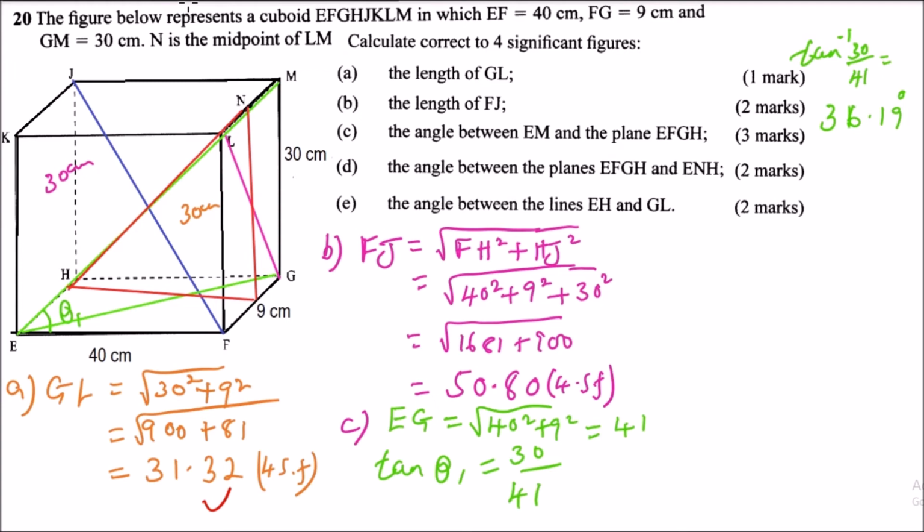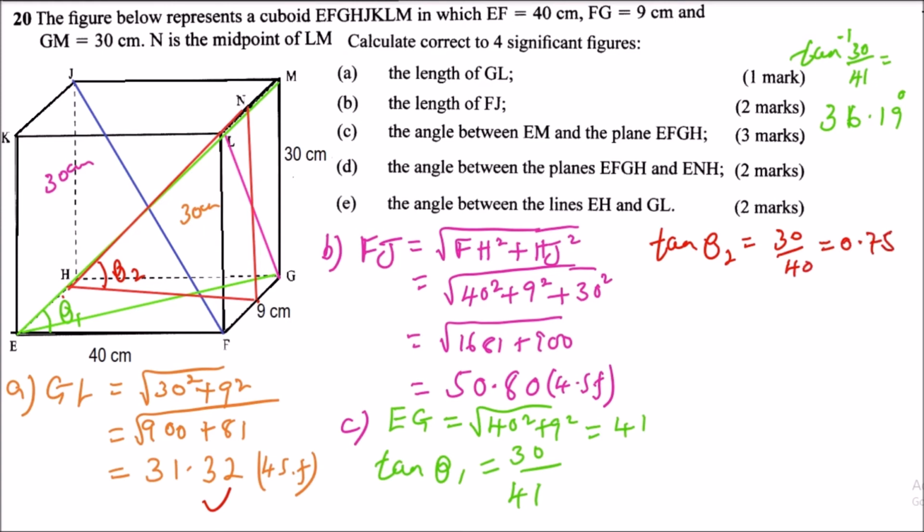So we can call this theta 2, and to get theta 2, we know from the midpoint of this point to where we have that is 40, and from here to N is 30. So tan theta 2 is equals to opposite, which is 30 divided by 40, which is equals to 0.75.